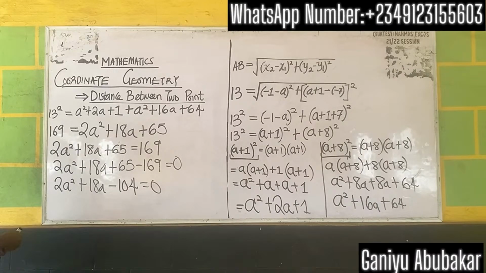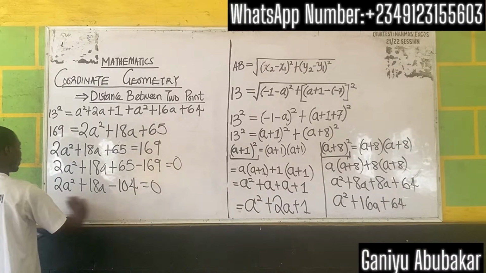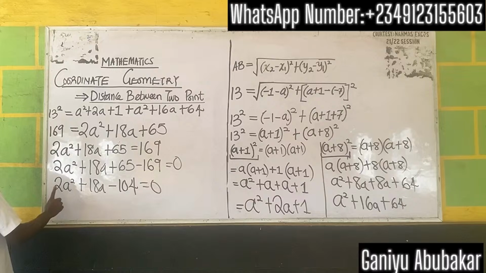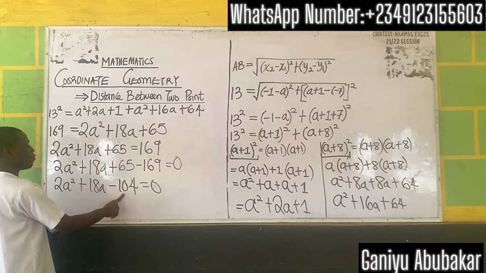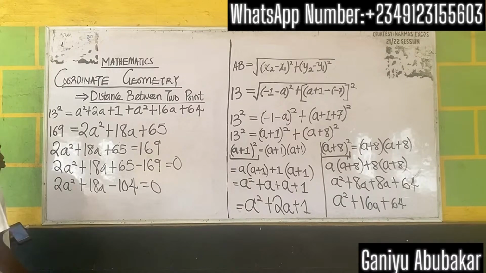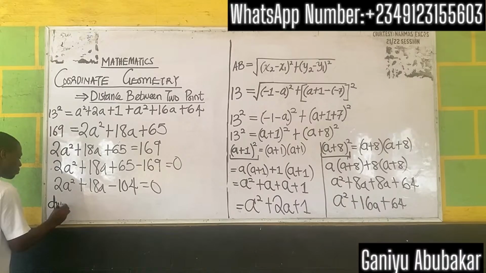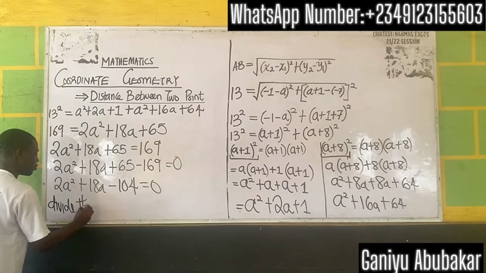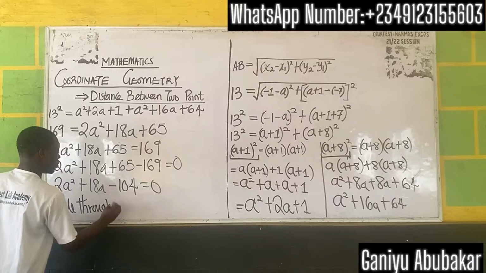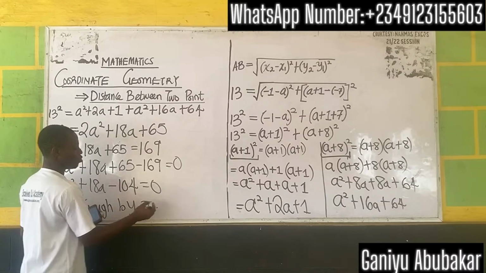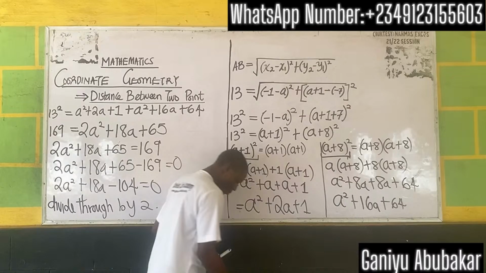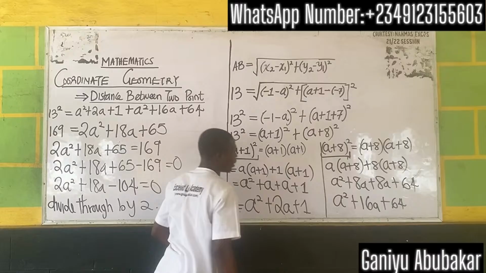All right, this is now looking like a quadratic equation, right? So first is first, these two, 18 and 104, are divisible by 2. So divide through by 2. If I divide through by 2, what do we get?